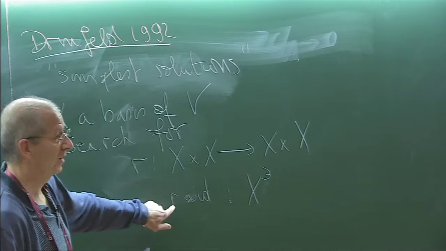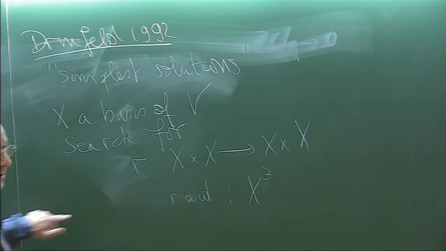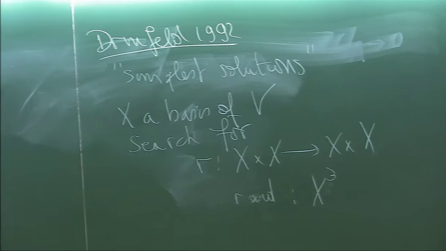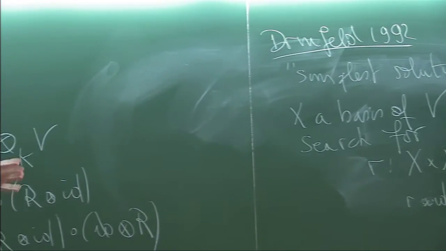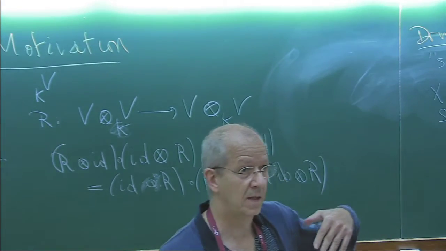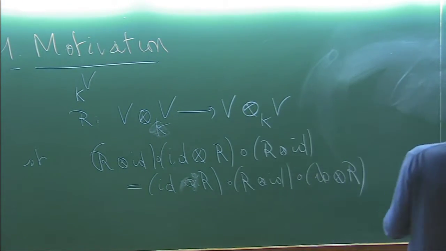This means you act with r on the first two coordinates and the identity on the third coordinate, and you want the braid relation to be satisfied. You want such mappings so that if you extend them linearly, you get solutions here. So you reduce to the basis and try to find solutions on the basis, and those you can extend to get solutions there. These are called set-theoretic solutions.